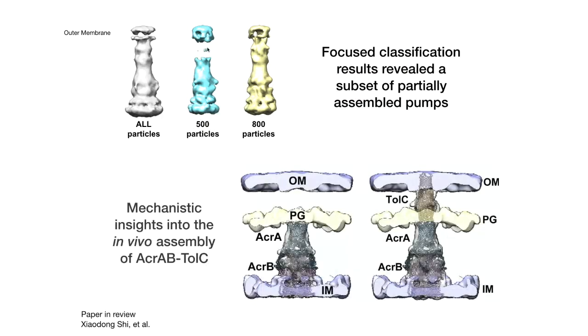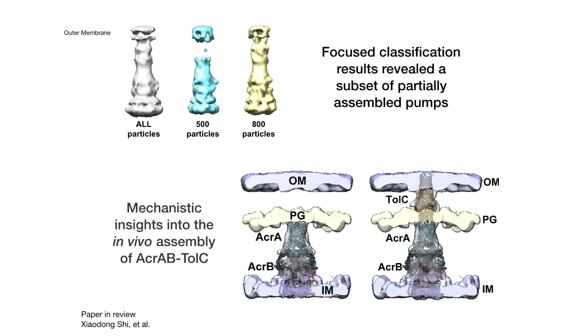So then we have this picture now that the AcrB sits where we expected, down in the bottom membrane. And the AcrA spans the gap between the inner membrane and the peptidoglycan layer. And then the TolC spans across from the outer membrane into the top side of that peptidoglycan layer.